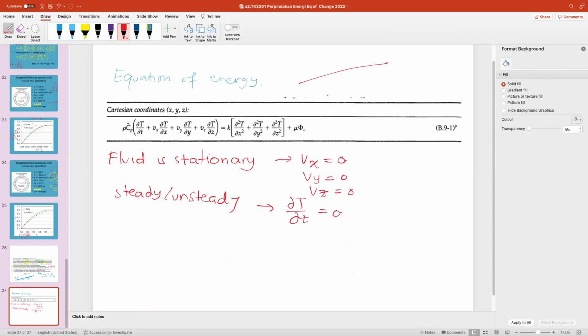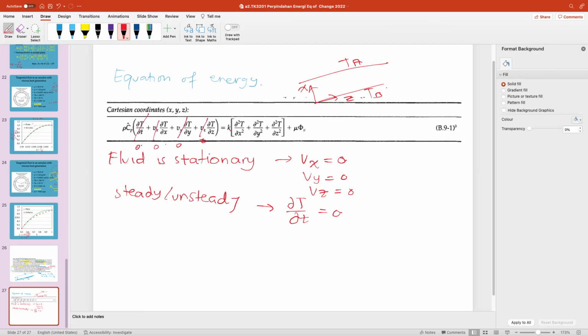Also, if you look at the sketch, TA and TB are only in the x direction. Here we have rho Cp dT over dt, the unsteady term, which is actually steady, so we can make it 0. We don't have Vx, Vy, or Vz, so all equal 0.